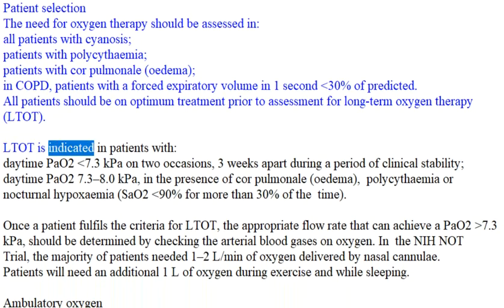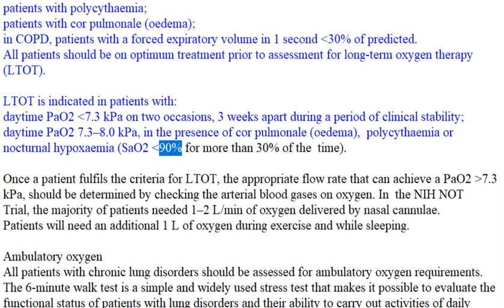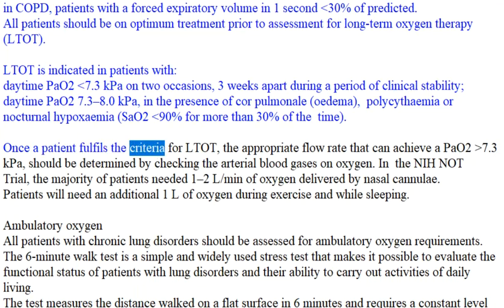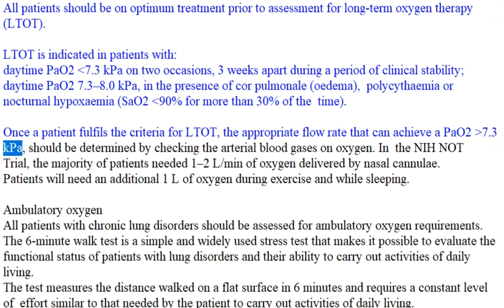LTOT is indicated in patients with daytime PAO2 90% for more than 30% of the time. Once a patient fulfills the criteria for LTOT, the appropriate flow rate that can achieve a PAO2 greater than 7.3 kPa should be determined by checking the arterial blood gases on oxygen.